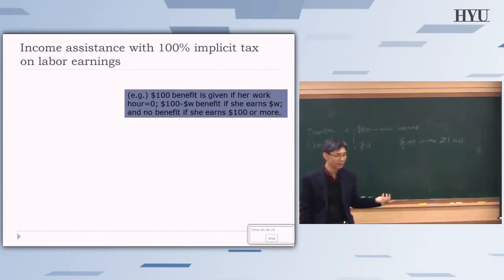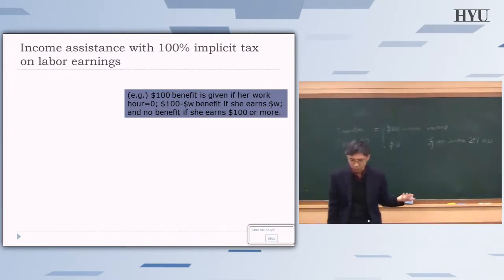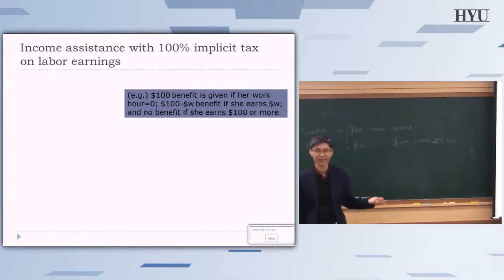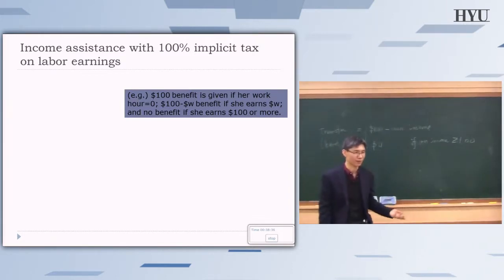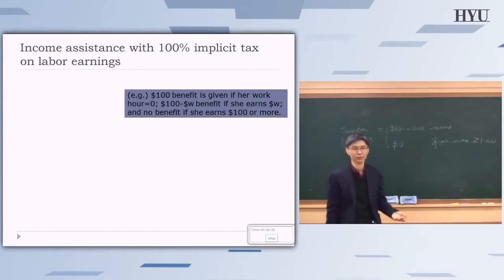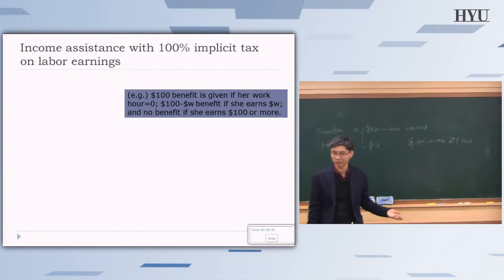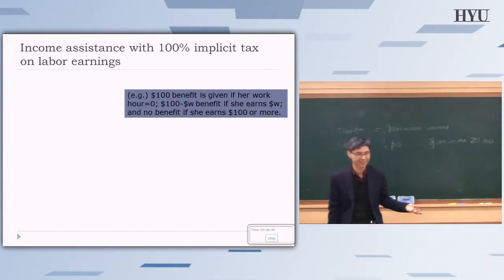She earned 10, but when she goes back home and looks at her pocket, she still has only 100. Yesterday she didn't work at all and got 100. Now I worked 1 hour and I still have 100. What happened to that 10? Who got the 10?